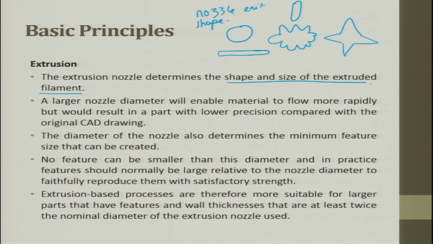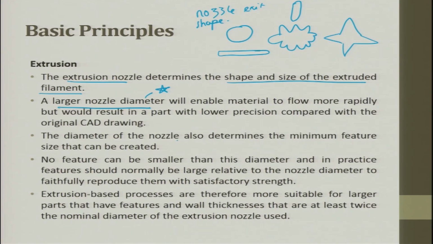The shape and the size of the extruded filament depends on the nozzle exit diameter. A large nozzle diameter will enable material to flow more rapidly, but would result in a part with low precision compared with the original CAD drawing. So, the nozzle diameter is an important factor for deciding the accuracy of the part.